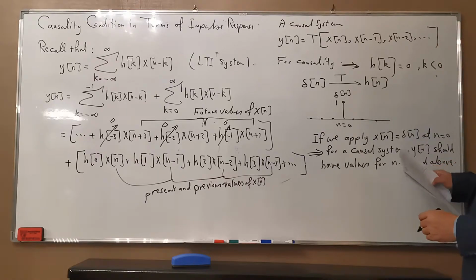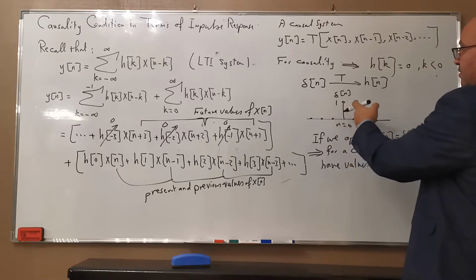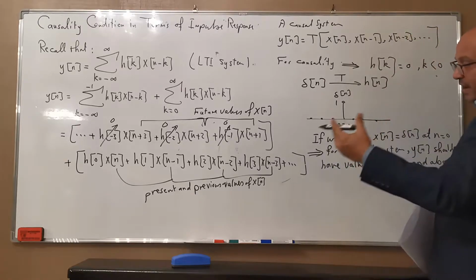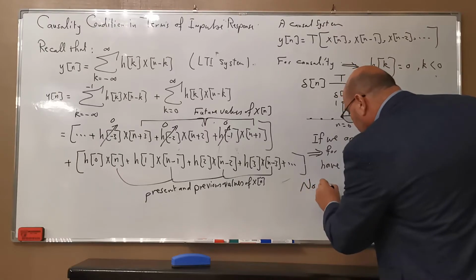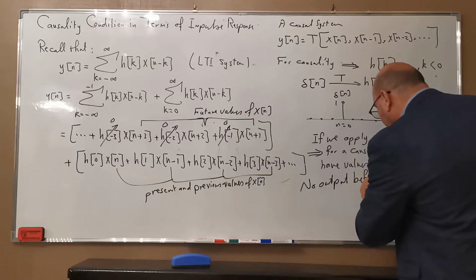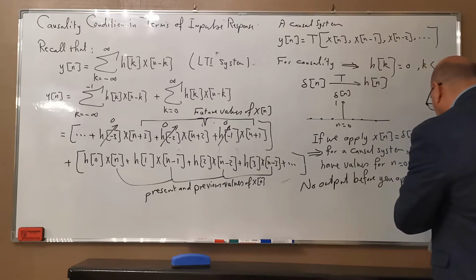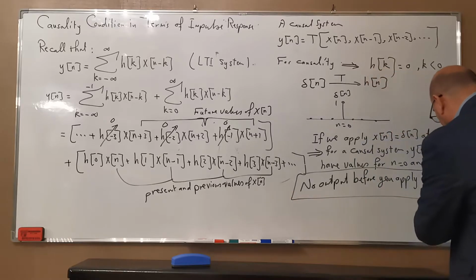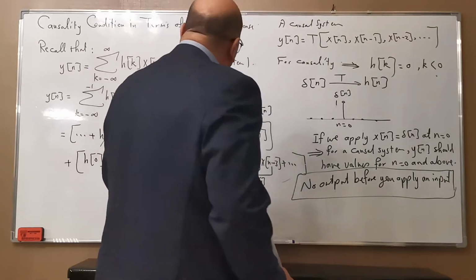I mean 0, 1, 2, 3, and so on. For a causal system, we don't have to have an output before you apply an input. No output before you apply an input. This statement should always hold when you have a system that is causal.